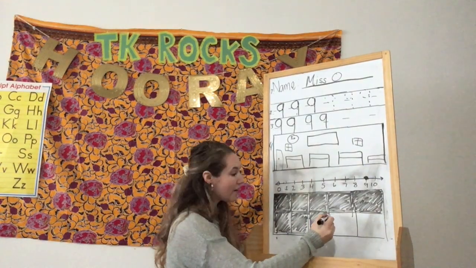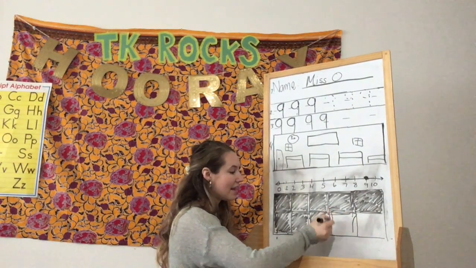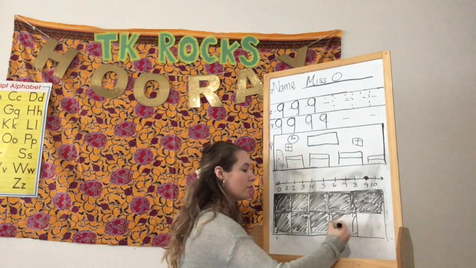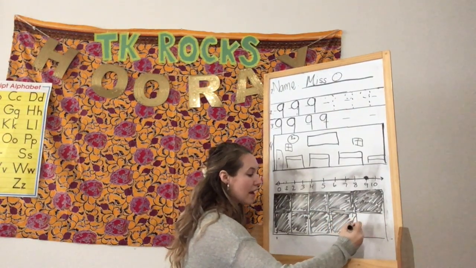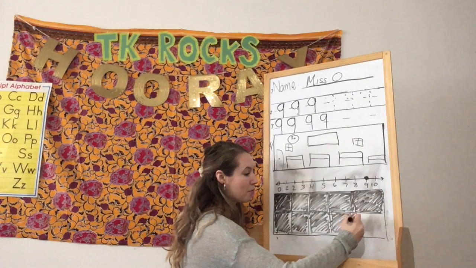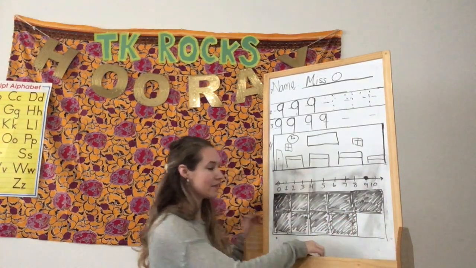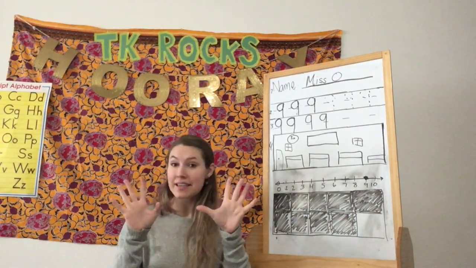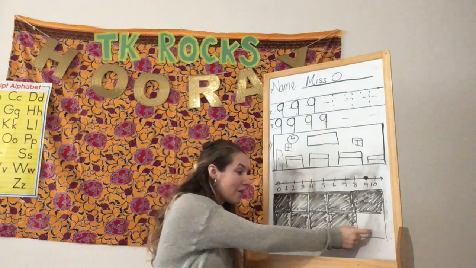And my last one for right now, 9. So if you notice, we just have one frame left, because remember, we are making 10 frames, and we got to 9, so we just have one more left.